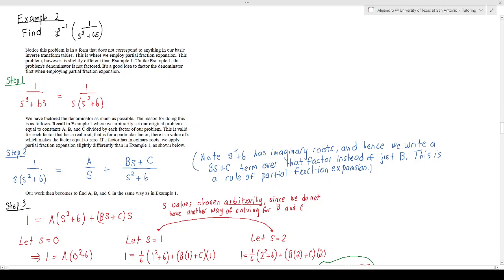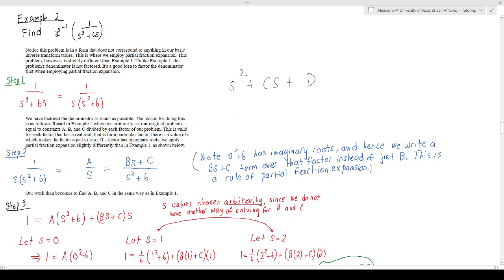And if it was a bigger term, say s cubed plus some other terms equal to 0, and we have imaginary roots, we do a similar thing, for example, bs squared plus cs plus d.